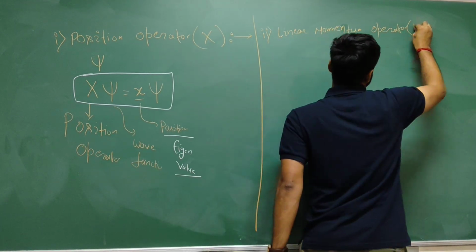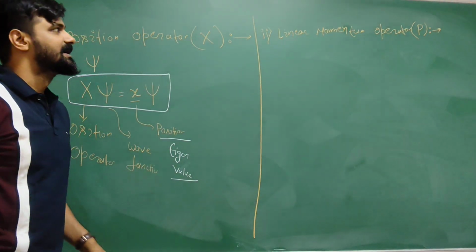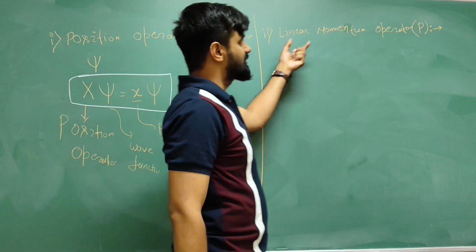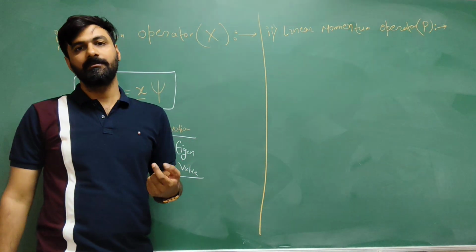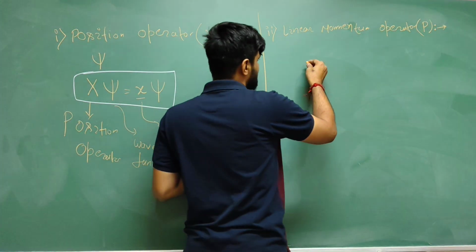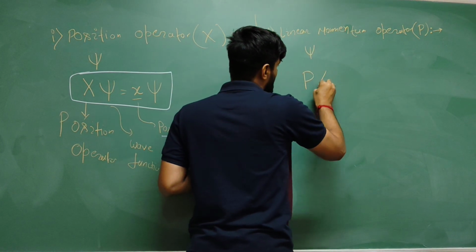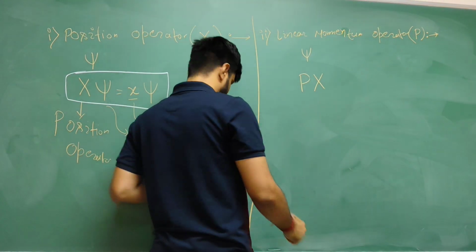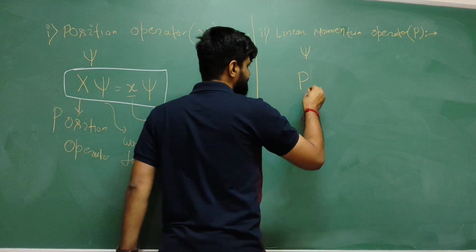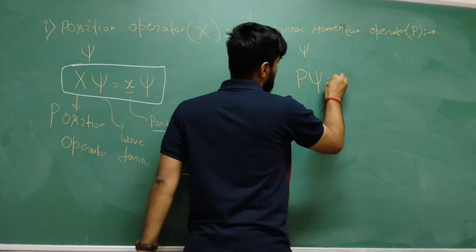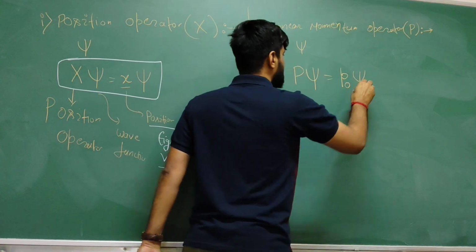It is denoted as capital P. If this operator operates over a wave function psi, it should yield the linear momentum of the particle.